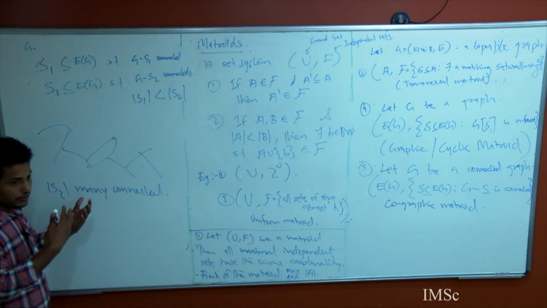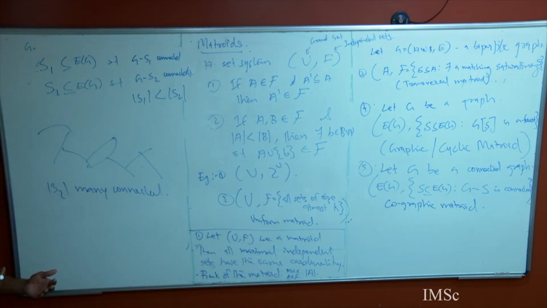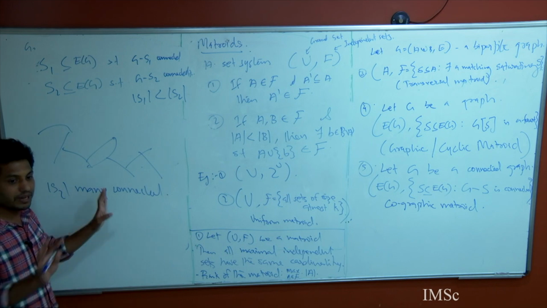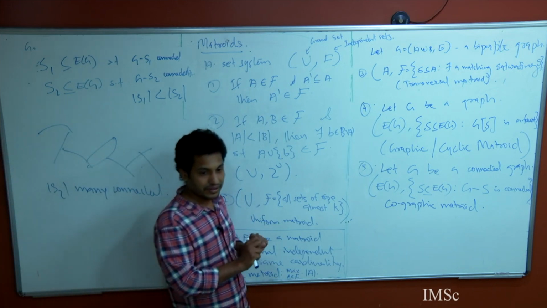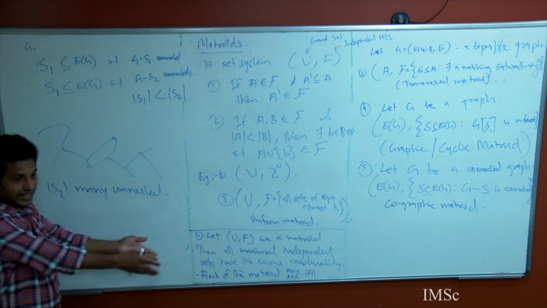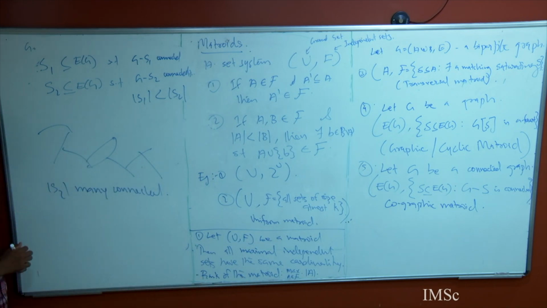A maximal set of edges such that after I delete them, the graph is still connected, okay. And then can there be a cycle in that graph after I delete a maximal number of edges? If I delete the maximal number of edges in the graph and it is still connected, can there be a cycle in the resulting graph? No, right?